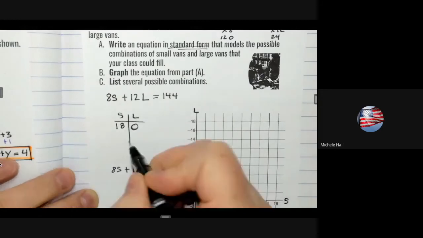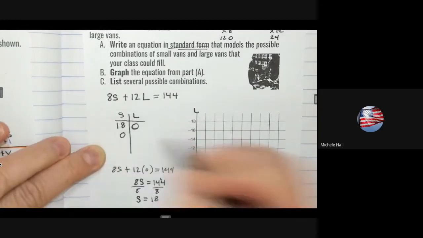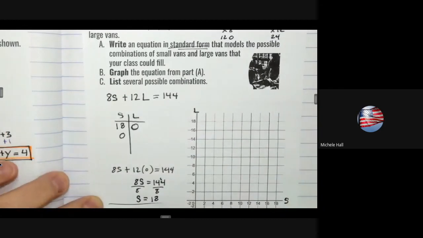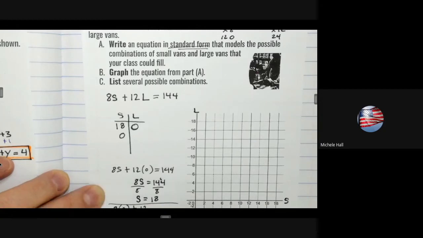How about if there were no small vans and it was all large vans? So we're going to do 8 times 0 plus 12L equals 144. 8 times 0 is 0, so we have 12L equals 144.